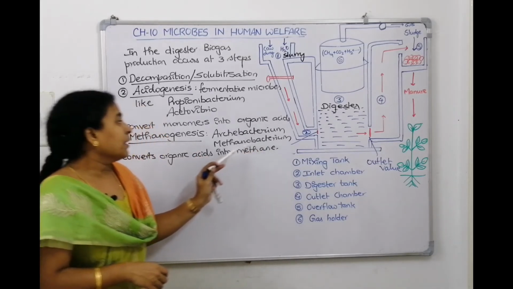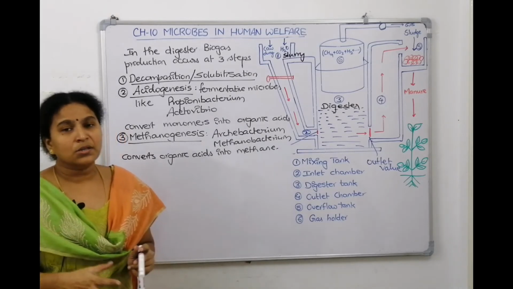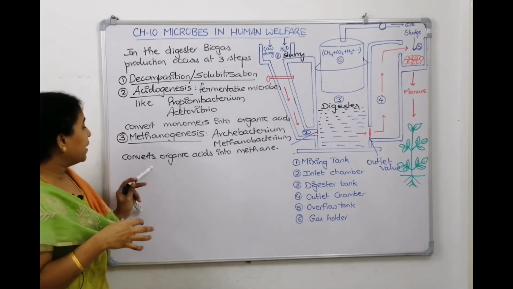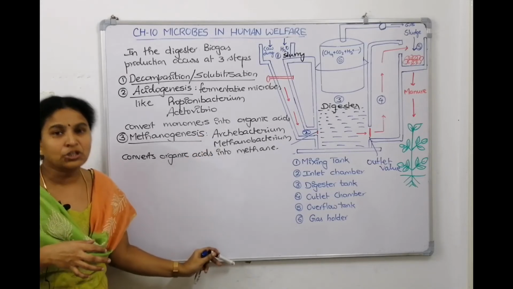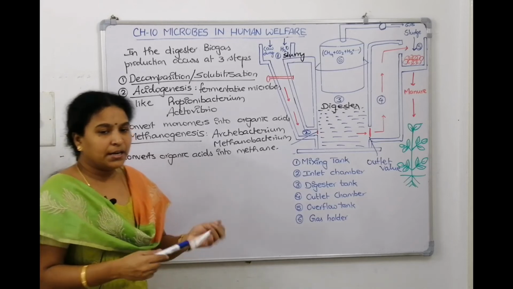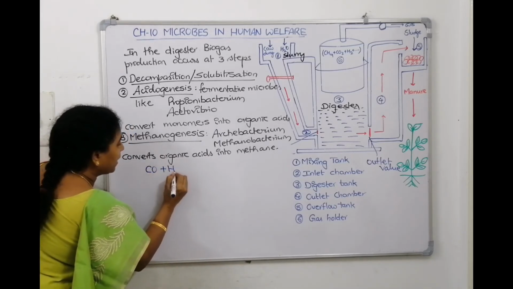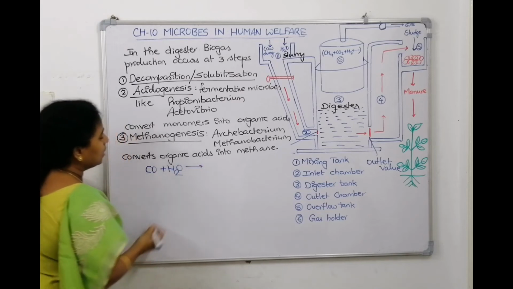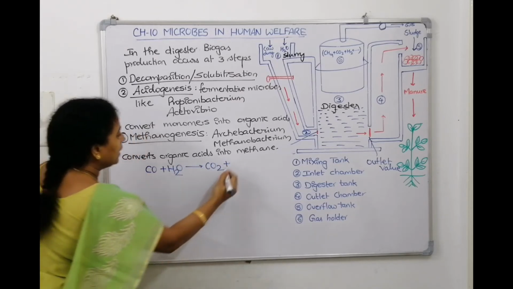Methanogenic bacteria are present in the rumen of the cattle, and also in cow dung. Anaerobically, they break the organic acids into methane. If we want to see some equations, how methane is generated, we can write carbon monoxide, which combines with water. Then CO becomes CO2 and H2 gets generated.